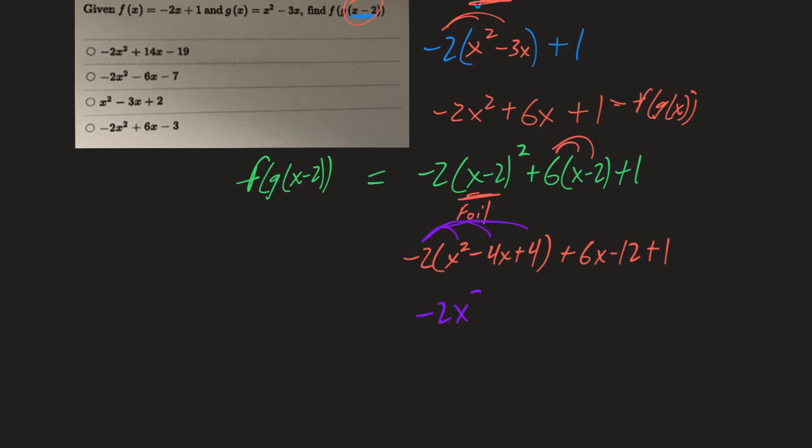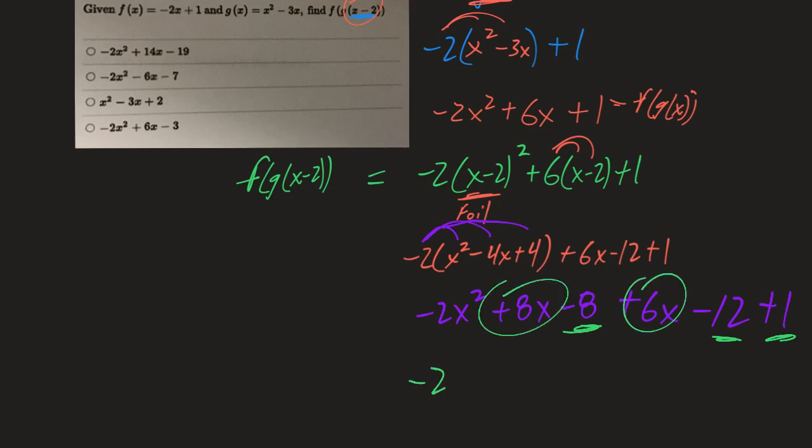And we got negative 2x squared plus 8x minus 8 plus 6x minus 12 plus 1. All right, now that we've got everything distributed and simplified nicely, let's combine our three real numbers, okay? And my two x's can combine, so negative 2x squared stands alone by itself. My two x's are going to be 14x. Negative 8 and negative 12 make negative 20, plus 1 is minus 19.